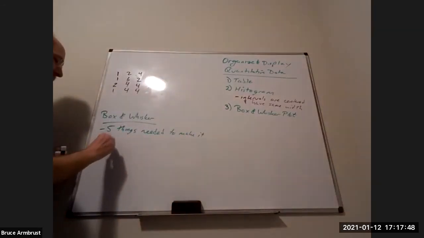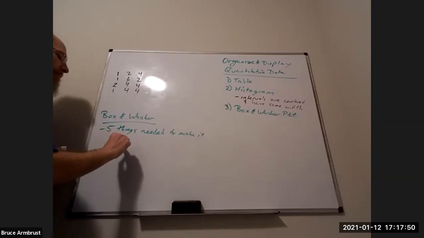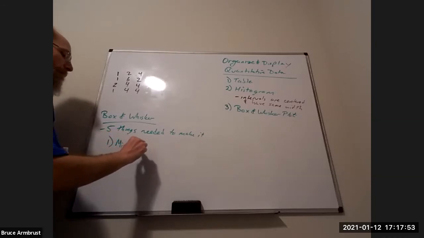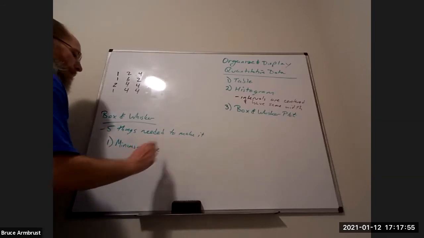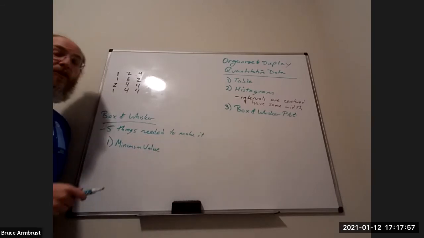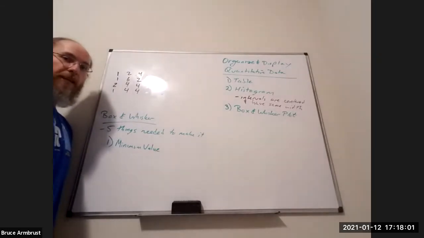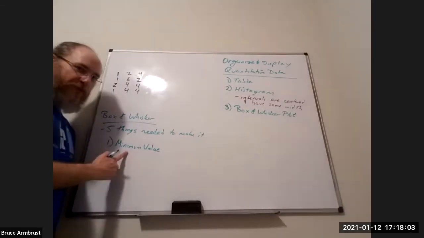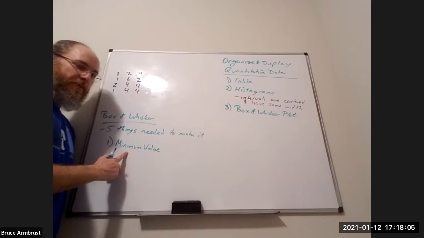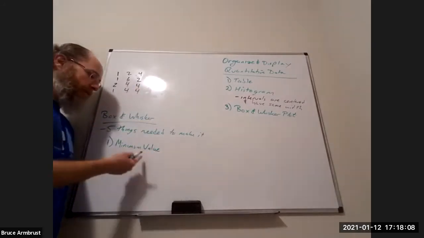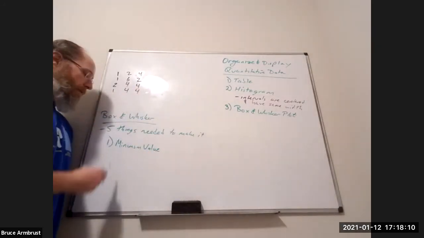The first is a minimum value. So we actually need to know the smallest value for our data. This is always really easy to find. You just look at your list, what's the smallest one? Boom, that's our minimum value.